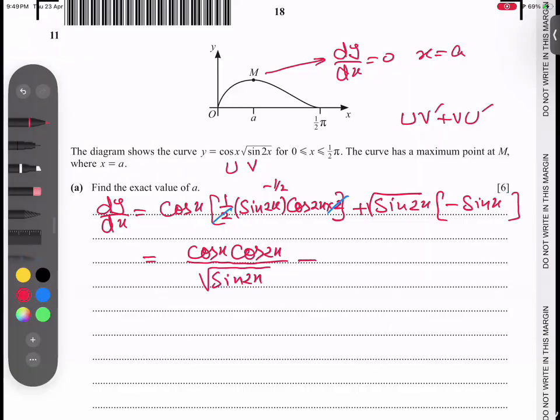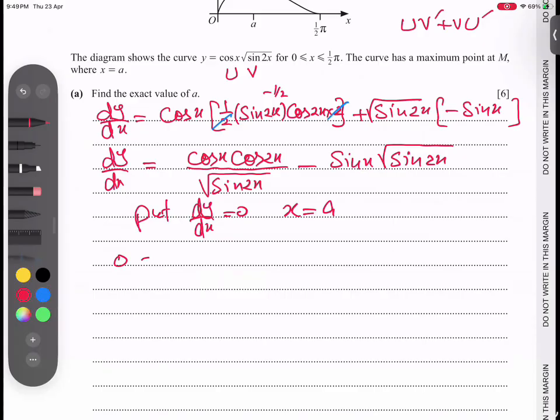And now what about this one? So sine x into sine root double x. And here dy over dx. Okay, now I'm putting the derivative equal to 0. And I'm replacing x by a.